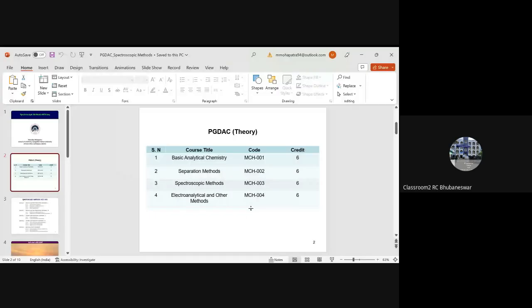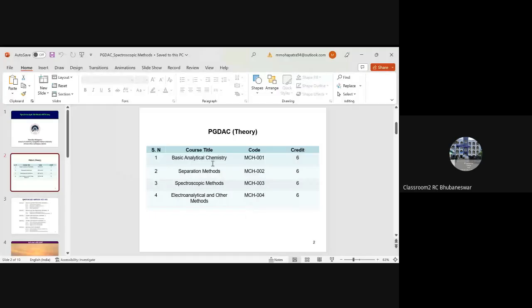In plus 2 you have already studied pH metry, conductivity metry, these things, so that will not be very difficult for you, but try to concentrate on the separation method unit.